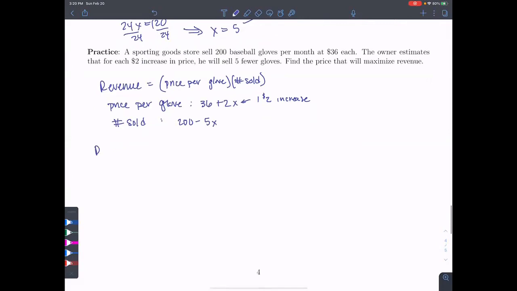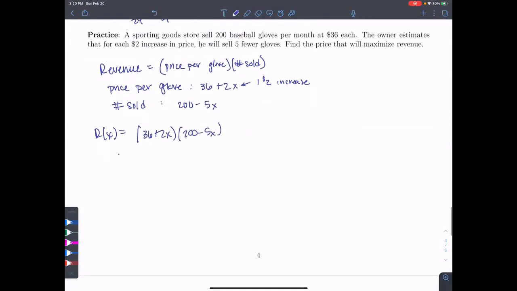Okay, so we're looking at R of x is 36 plus 2x times 200 minus 5x. FOIL, we get 7,200 minus 180x plus 400x minus 10x squared. So 7,200 plus 220x minus 10x squared.